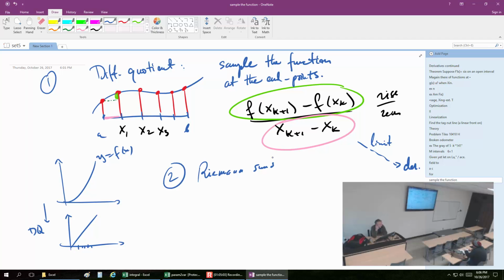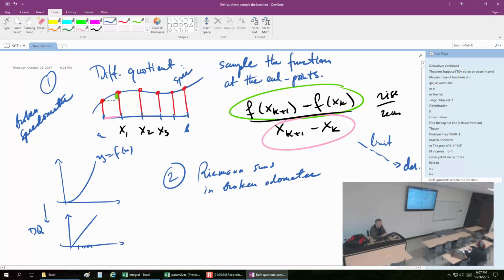Remember the broken odometer situation. So this is a broken speedometer. If you have a broken speedometer, you sample your speed.